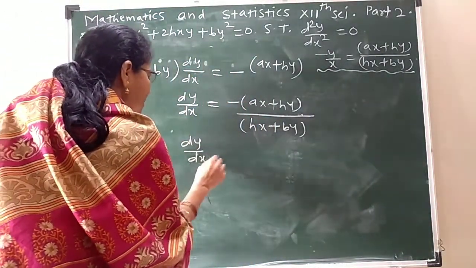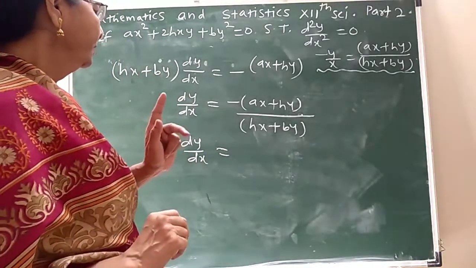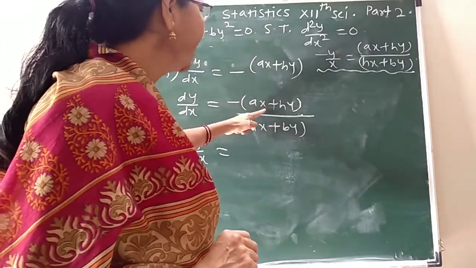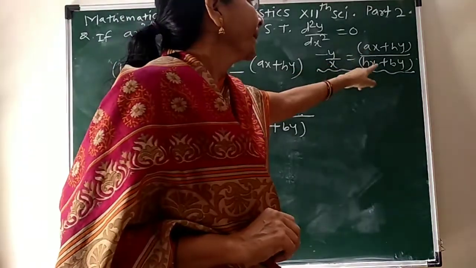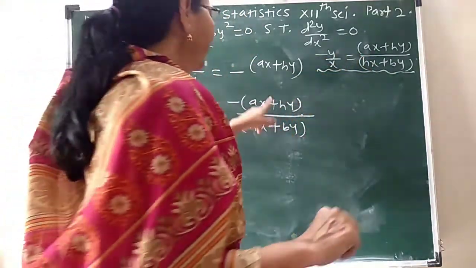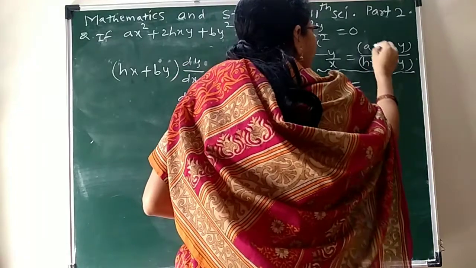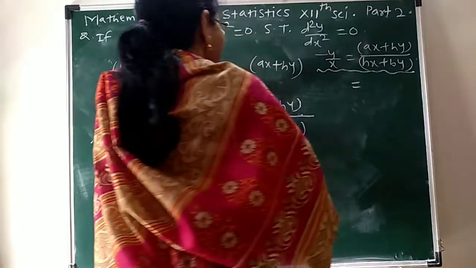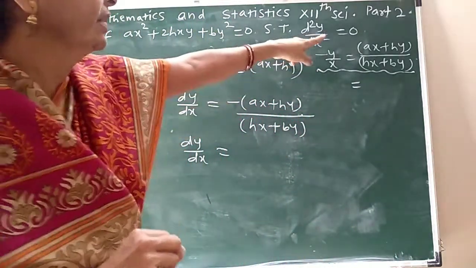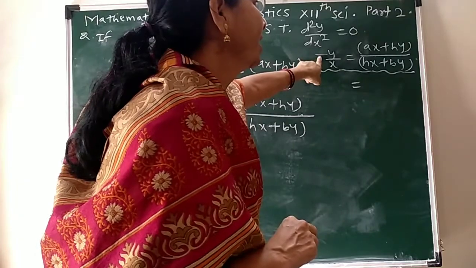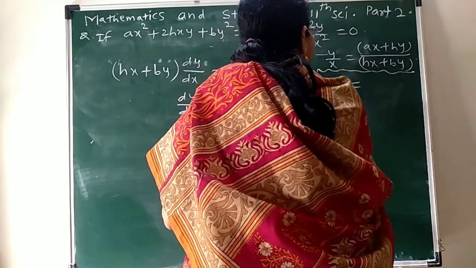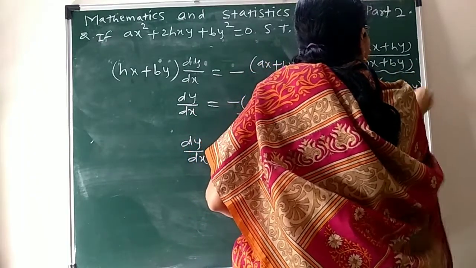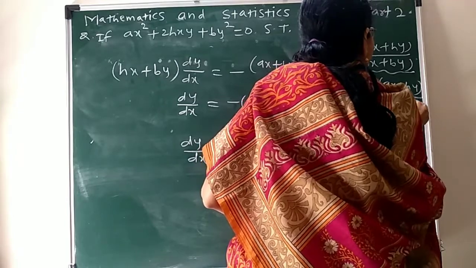dy by dx is equal to, now there is the value of this term, ax plus hy over hx plus by. From this find the value of this. So here write minus; if we take minus here, then here also we take minus, so it becomes plus, so y upon x, and this becomes minus ax plus hy over hx plus by.